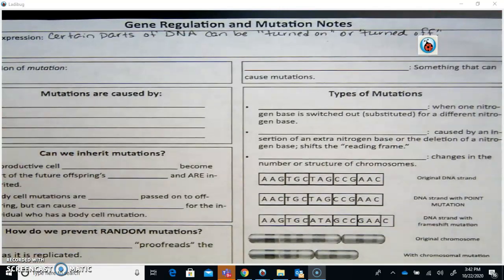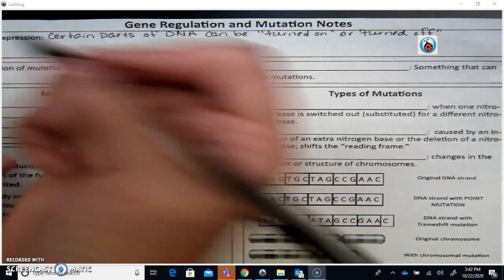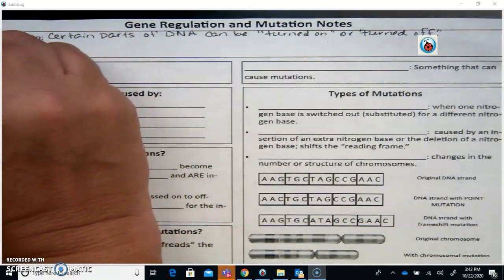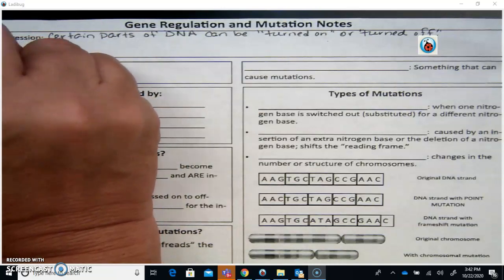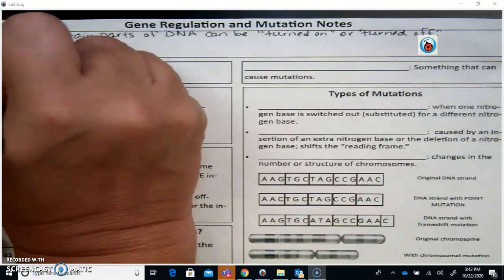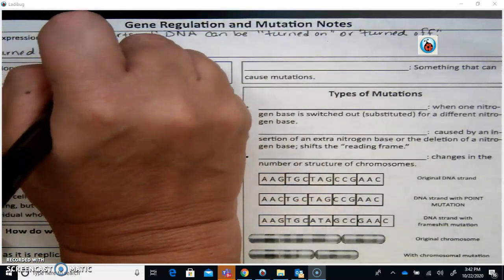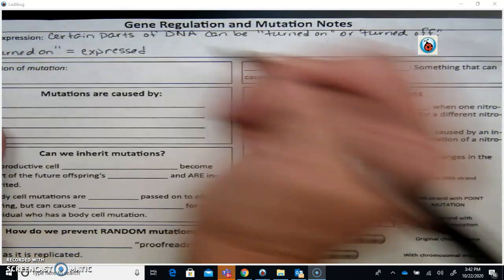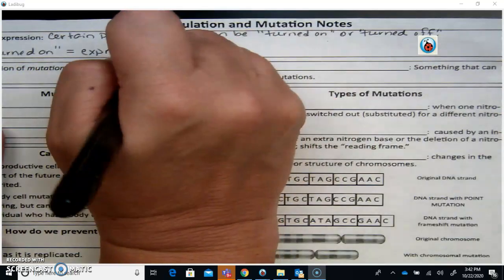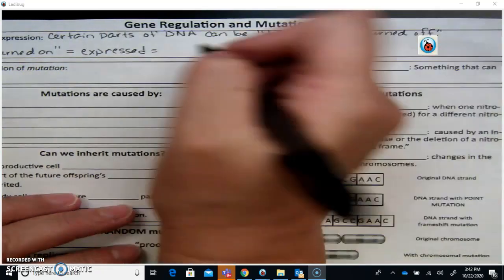If a gene is turned on, it means it's making that protein. So, for example, a turned on gene, what does that mean? It means that the gene is being expressed. That's kind of the fancy science way to say that. And that means it is making that protein.